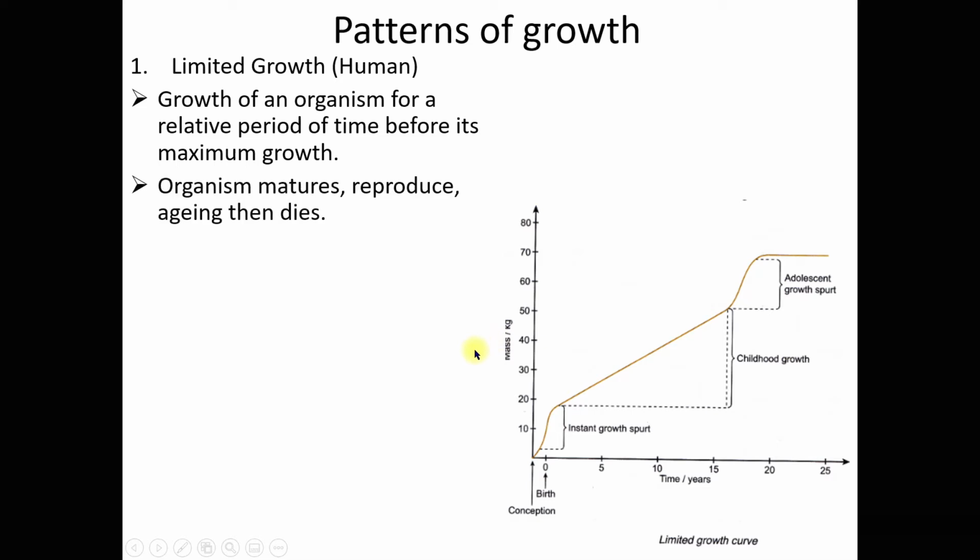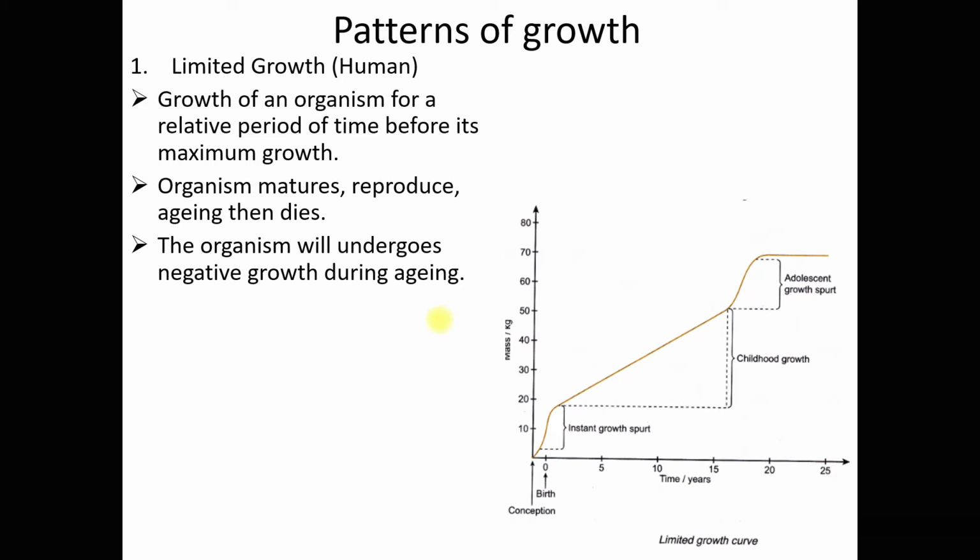So the organism matures, reproduces, ages, then dies. The organism will undergo negative growth during aging. Then this limited growth pattern can be represented with a single sigmoid growth curve. You can see here, this is a single sigmoid growth curve.